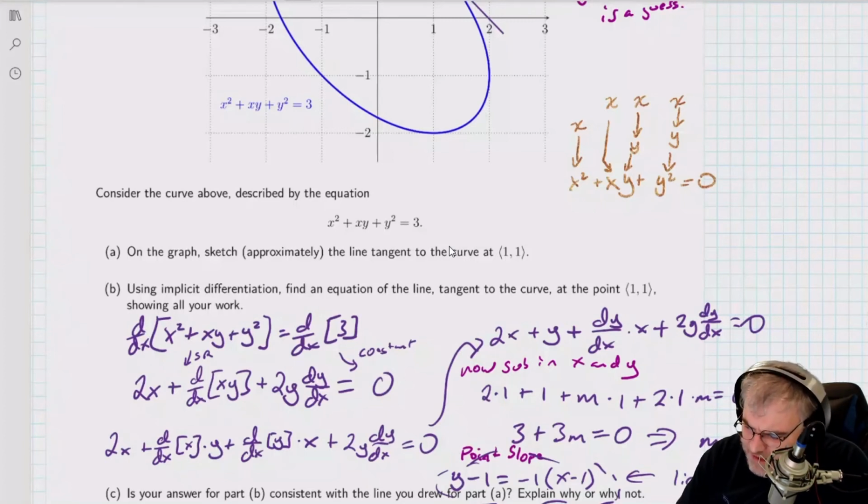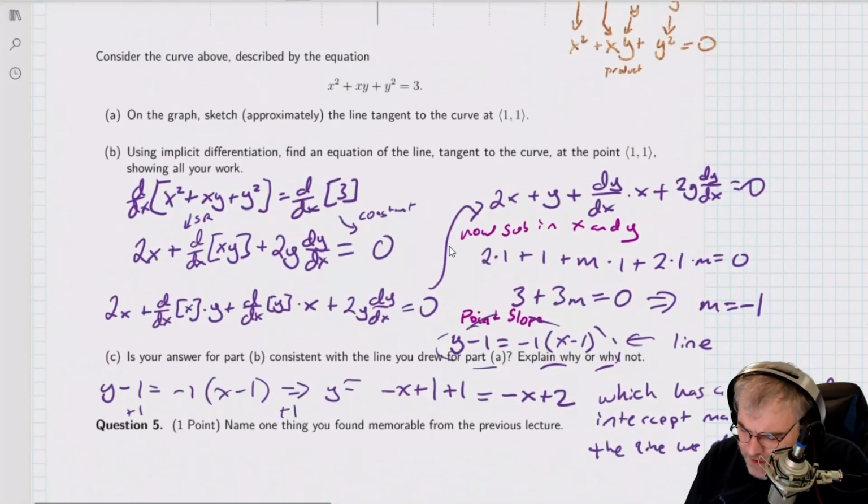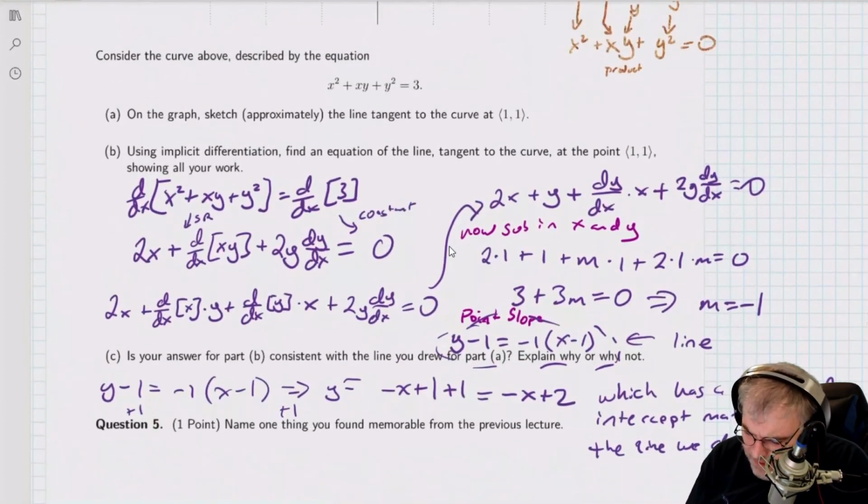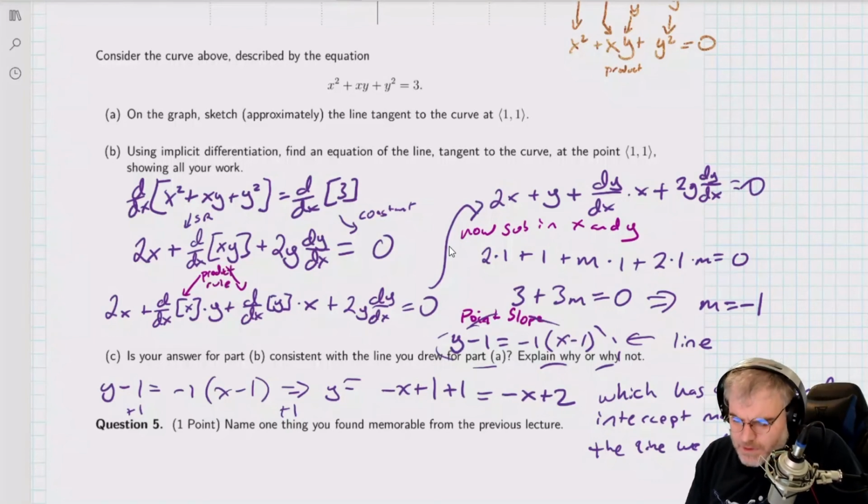Here I'm going to have a chain. Here I've got a product. Here I've got just a simple power. So when I do that, I wind up with this term in the middle that requires a product rule. Okay.